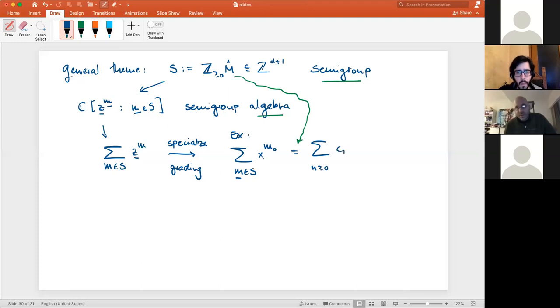For the Ehrhart case, this was actually our Ehrhart polynomial, but these are some numbers. Sorry, this is now x, where the c_n just collect elements in the semigroup with the same m0 coordinate. And this again connects to the algebra. This records certain dimensions of vector spaces that live in your algebra.